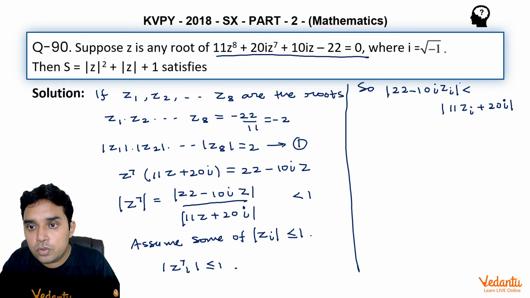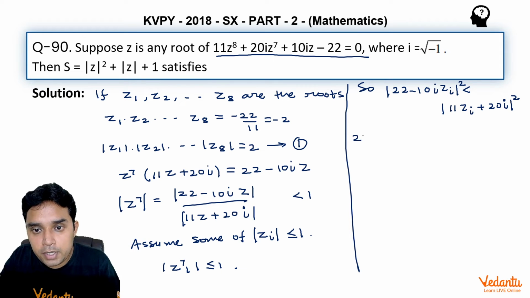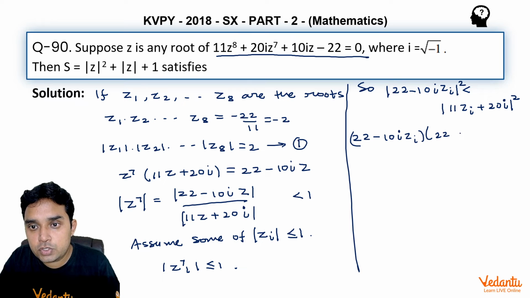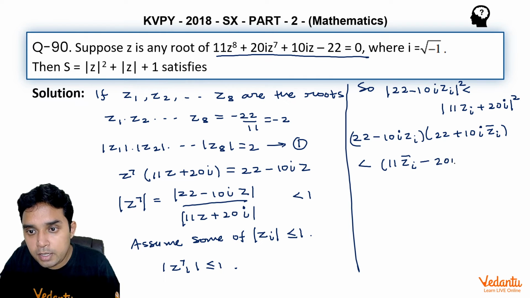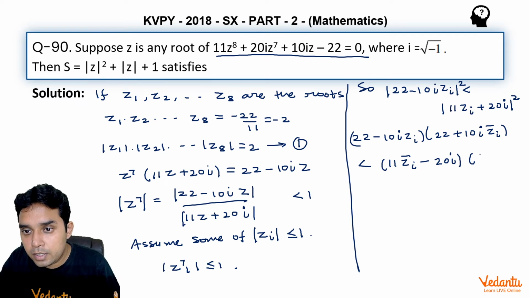Now we can square both sides and write this mod as (22 - 10i zi) into its conjugate, that is (22 + 10i zi bar), less than (11 zi bar - 20i) into another bracket (11 zi + 20i).